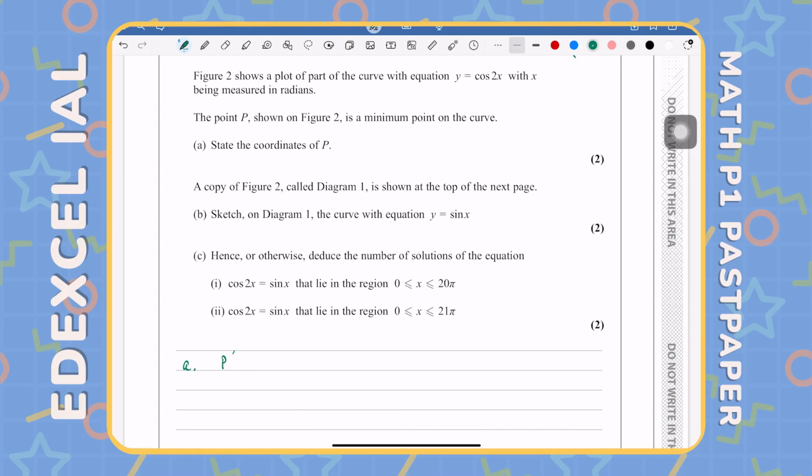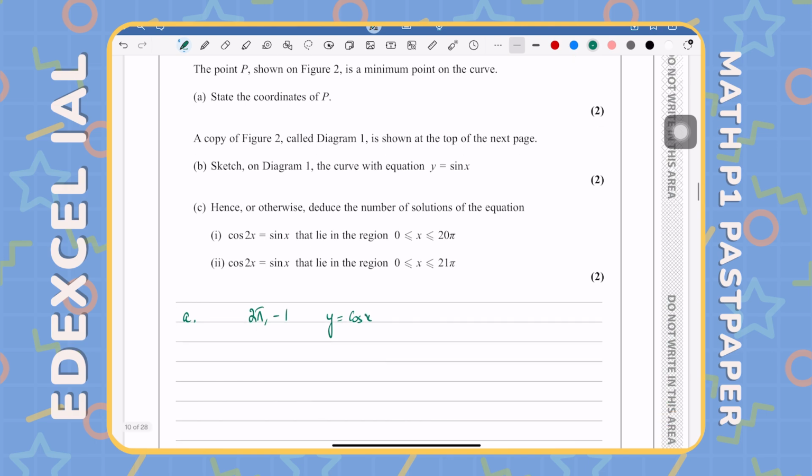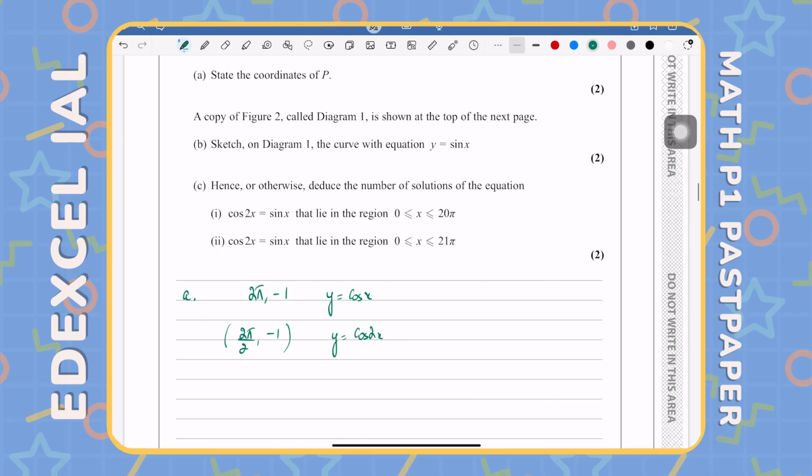So the coordinates of P, as we saw, originally it would be pi comma minus 1, but because that would be for the graph of y equals cos x, and the graph that we're dealing with is y equals cos 2x, therefore pi will be divided by 2, whereas the y coordinate will remain the same.